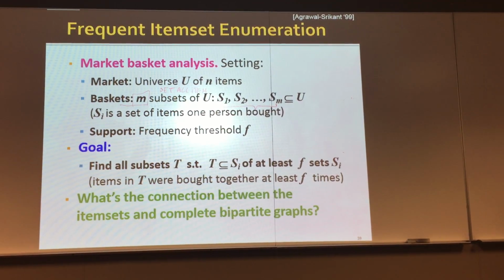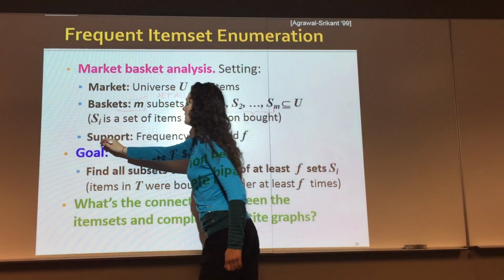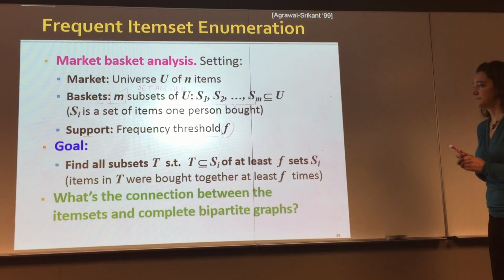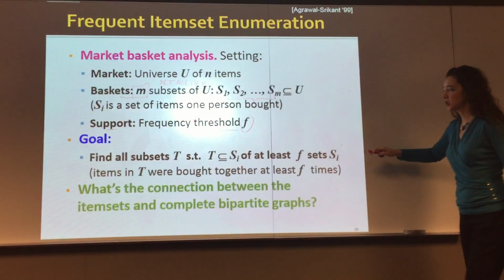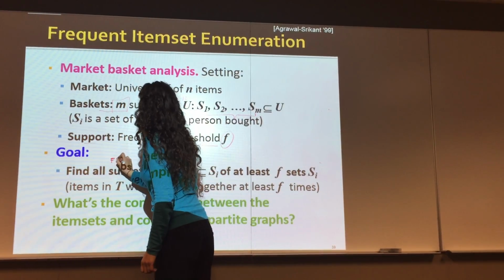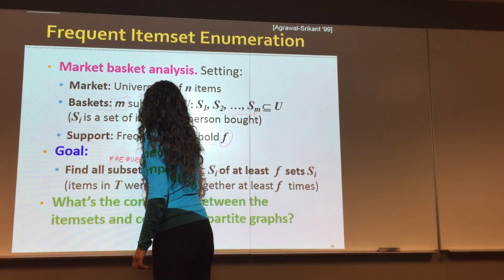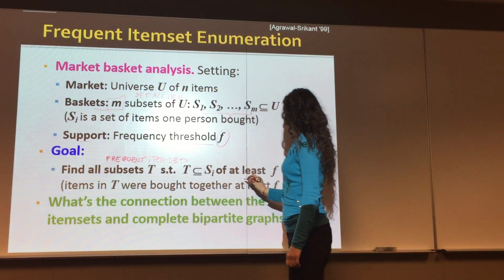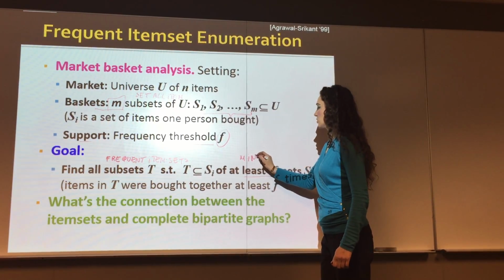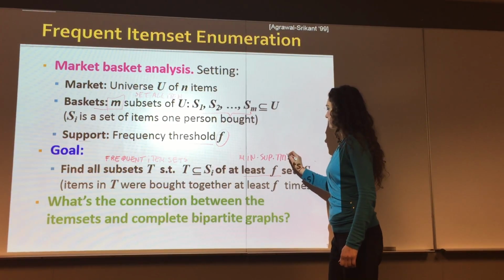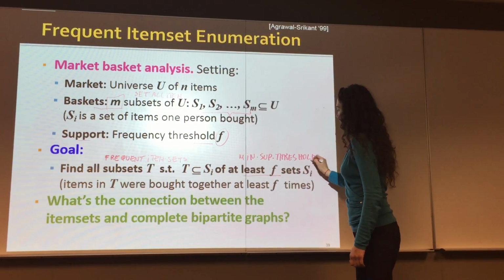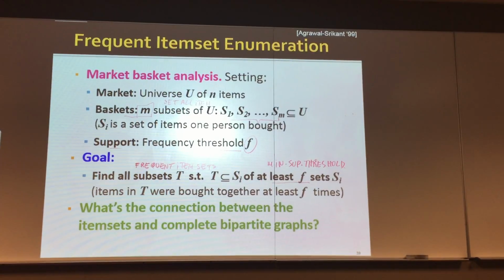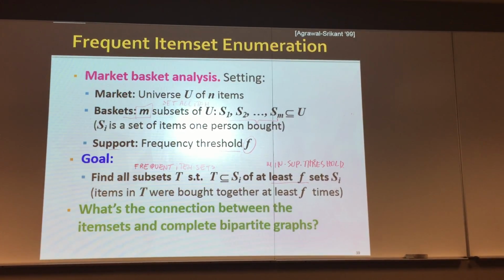And we have a support threshold. The support threshold in this case is F. And the goal is to find a subset which are called the frequent item sets that meet the minimum support threshold.